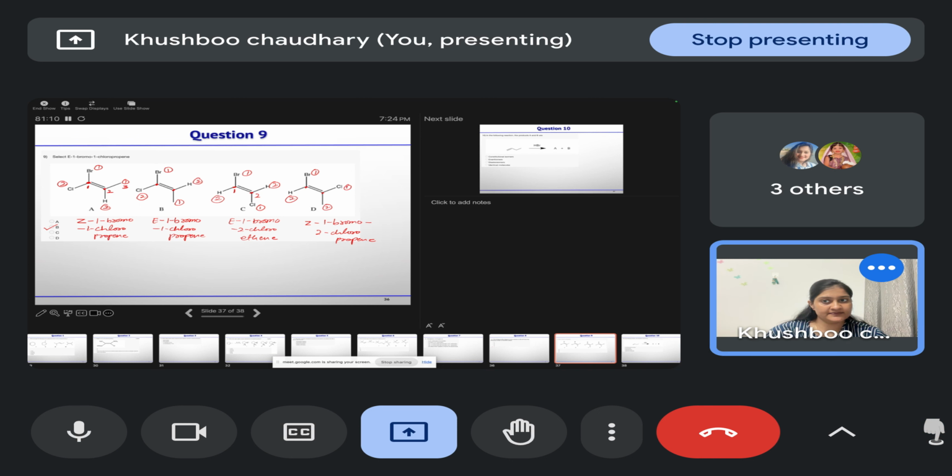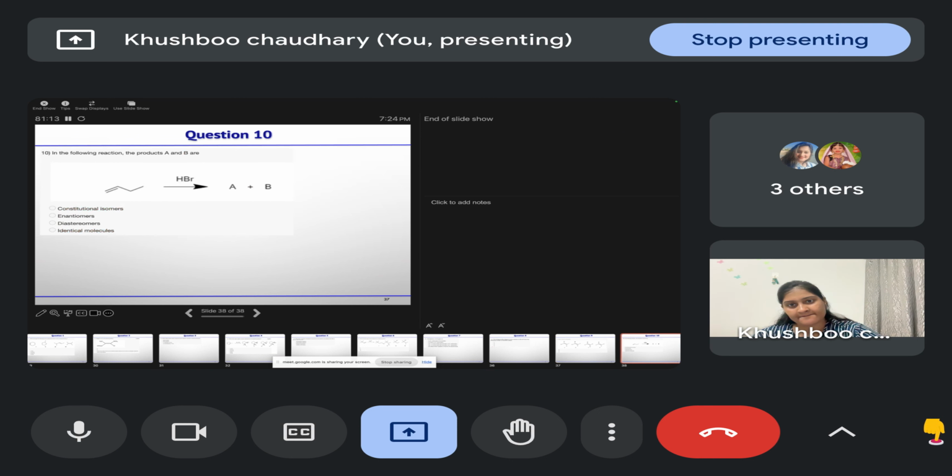Is this fine? Yes, ma'am. Okay. Then the next question: in the following reaction, the products A and B are. What is the first step? Attack of the alkene on the proton. After the abstraction of the proton, a carbocation will generate.